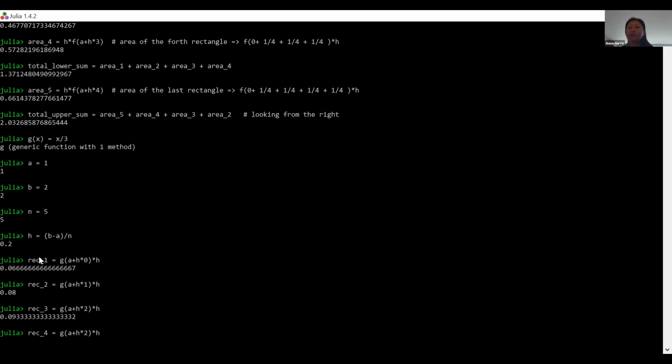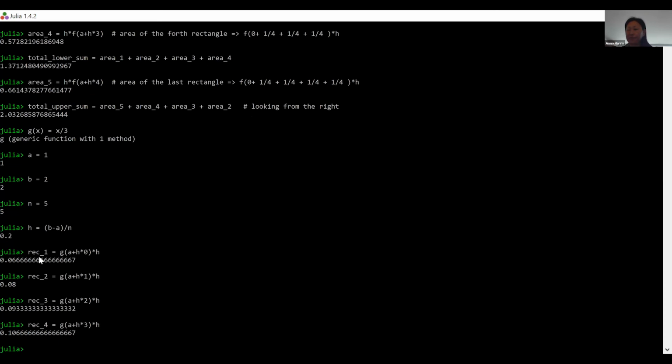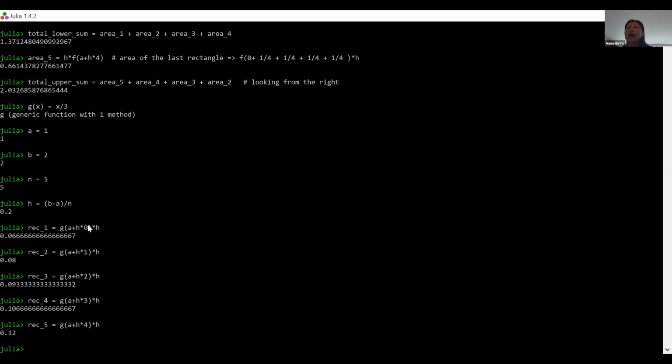Rectangle 4. Rectangle 5. All right, so I found 5 rectangles. So I'm gonna do what? Total area.